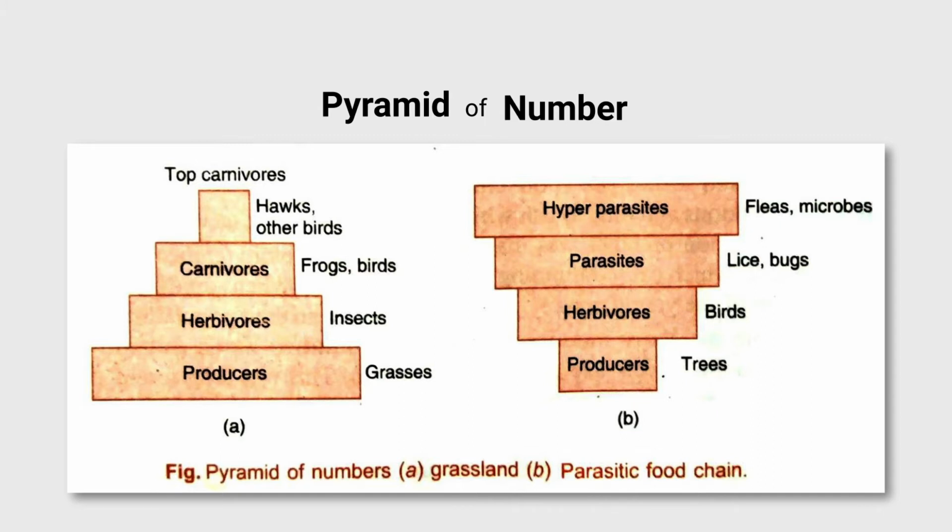In the case of the parasitic food chain, if you look at the number, the producer is the dead body, which may be of trees or of animals. So here the producer is only one, right? That body is taken by herbivores. That herbivores are in large number that feed on and decompose it, like birds.